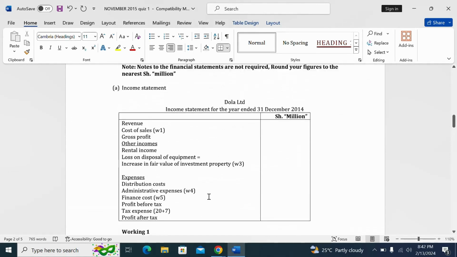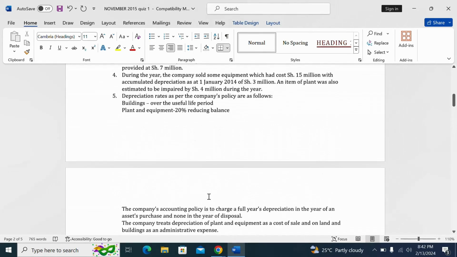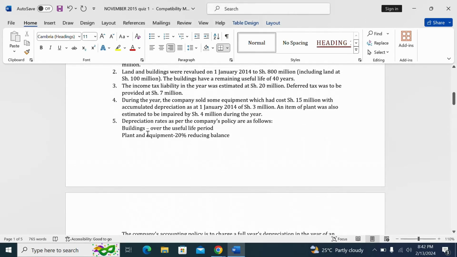Then we go to additional information number 4. During the year, the company sold some equipment which had cost shillings 15 million with accumulated depreciation as at 1st January 2014 of shillings 3 million. An item of plant was also estimated to be impaired by shillings 4 million during the year.